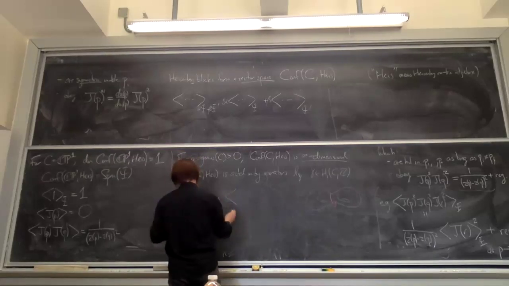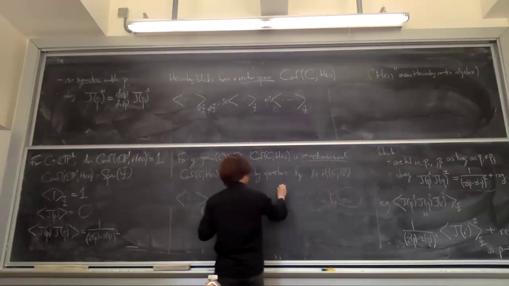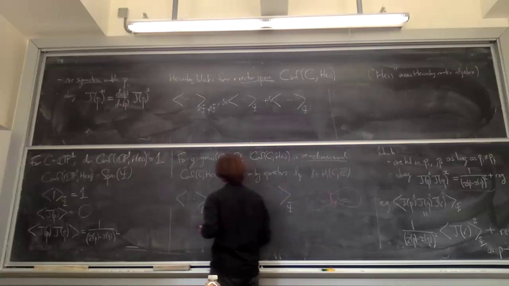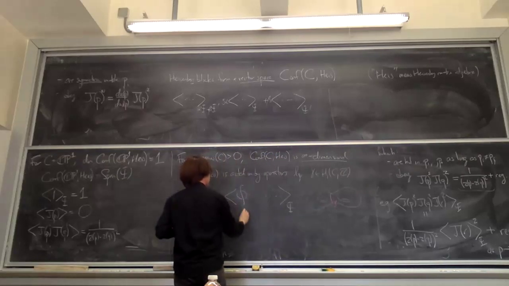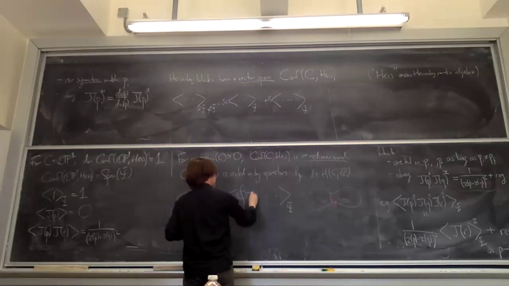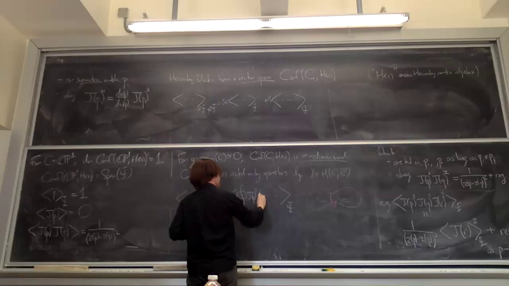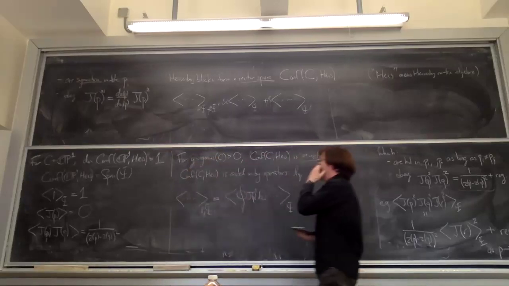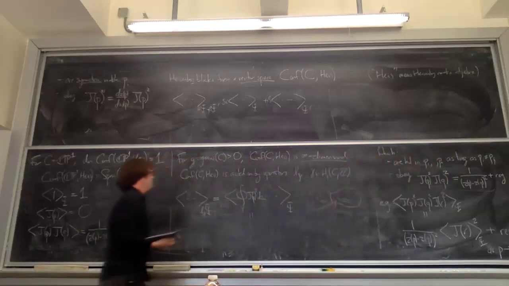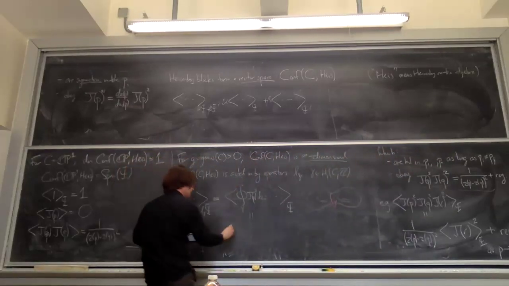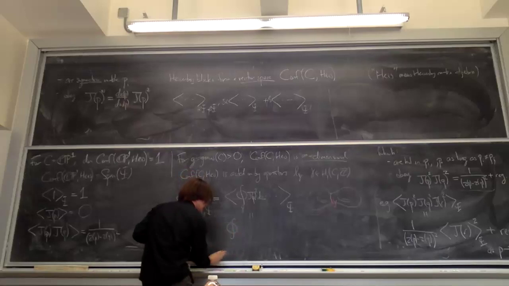And what it is: whatever combination of j's, I'll put the same combination of j's here, but then I'll put one more thing. I'll put the integral around gamma of j(z) dz. Maybe you ask me what I mean by putting this integral. I mean that everything is supposed to be linear.